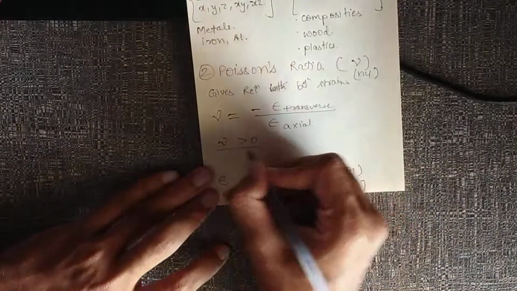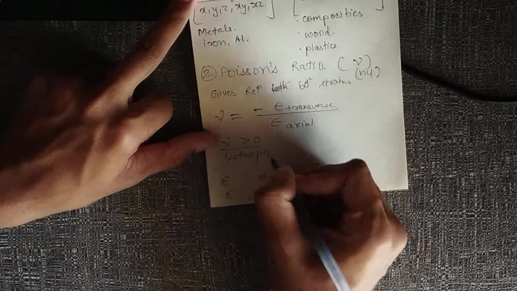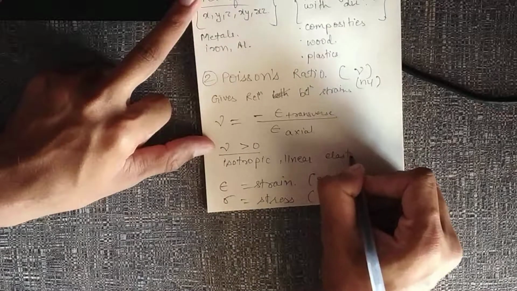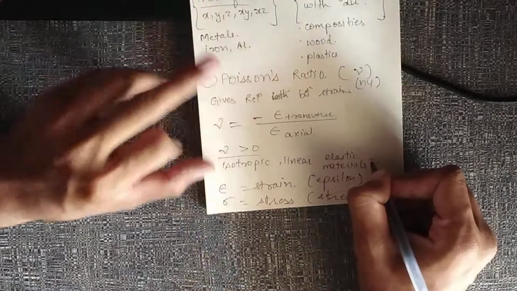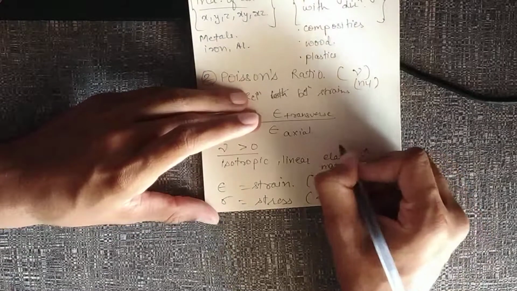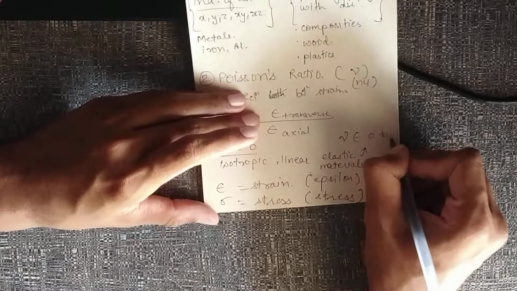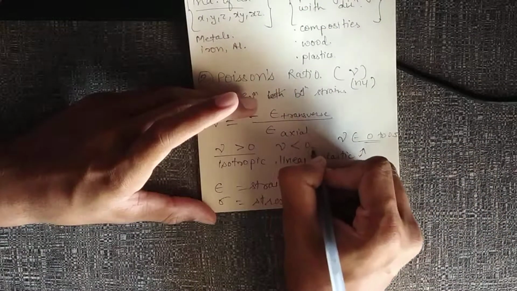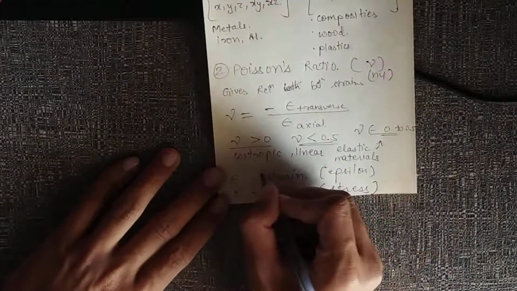And for isotropic and linearly elastic materials, nu is between 0 and 0.5. So nu is always less than 0.5 for common materials.